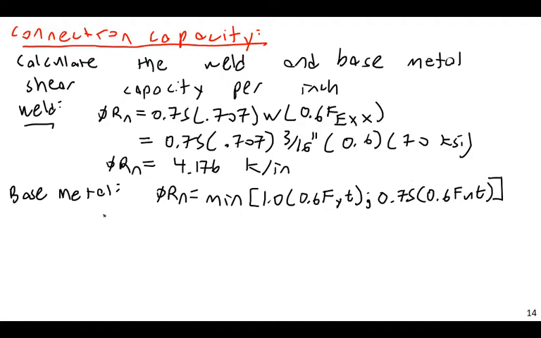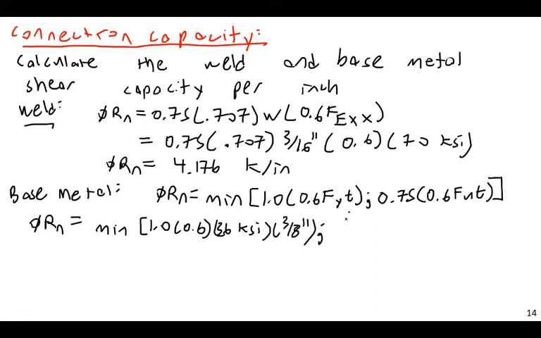So if we put in values, VRN is equal to the minimum of 1.0 times 0.6 times the yield strength of the plate of 36 KSI times 3/8 inch, and then the minimum of this term and 0.75 times 0.6 times Fu, which would be 58 KSI, times the thickness, which is 3/8 inch.